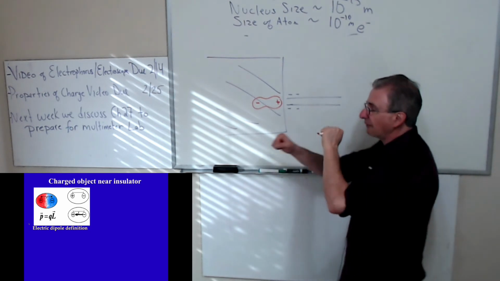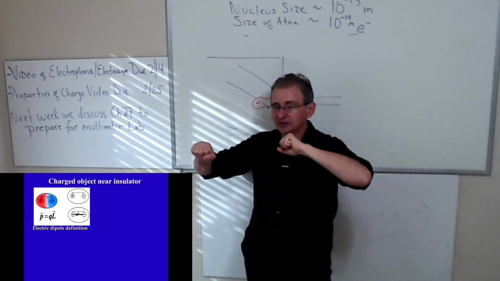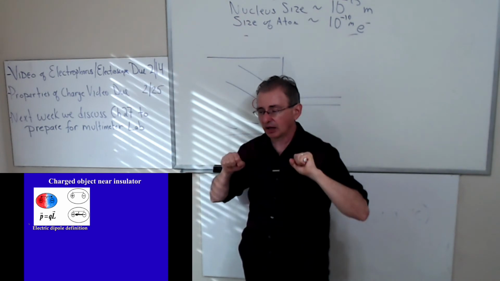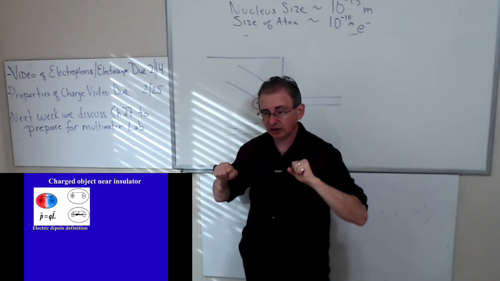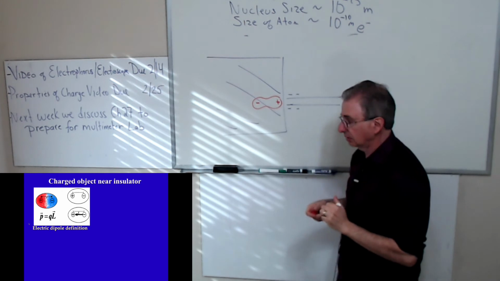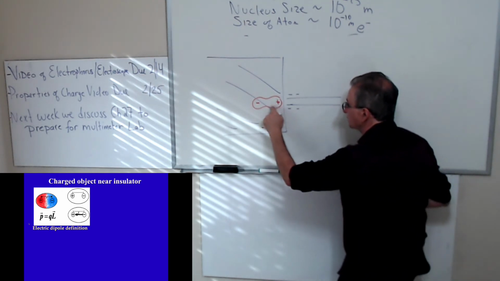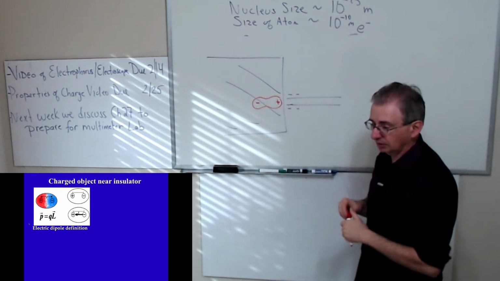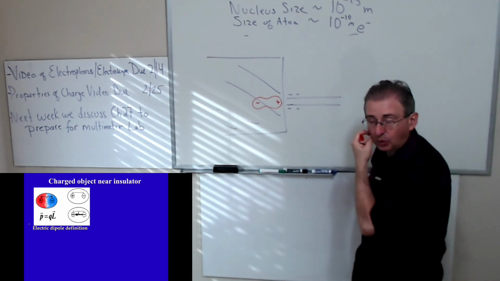When the average position of the negative and positive charge is separated within the molecule that makes up the material, you have formed a dipole. So this separation of charge is called a dipole. And we quantify it.